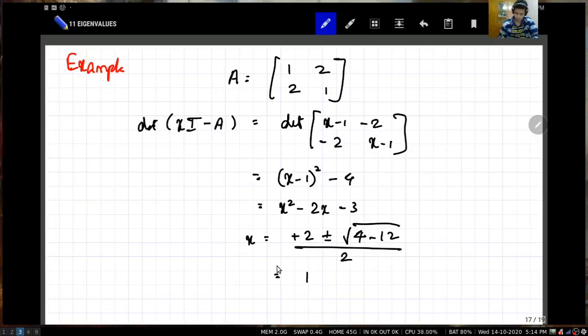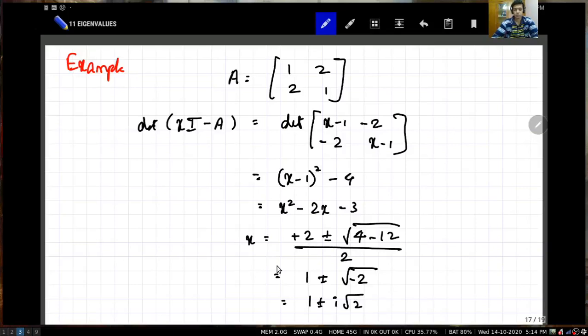So this is going to be 1 plus or minus the square root of 8 divided by 2, which is going to be root minus 2. So this is 1 plus or minus i root 2, right?